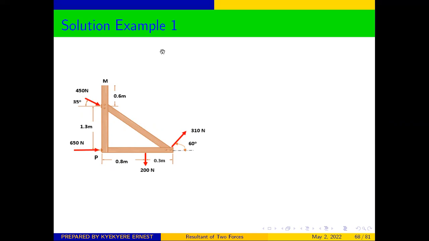Now, with this question, since it is a 2D object, we are going to use the scalar approach. So it means that if we are asked to find the force couple system in this diagram, we want to represent all the forces there with a resultant force and also with a resultant moment at where we have been asked to find our force couple system.